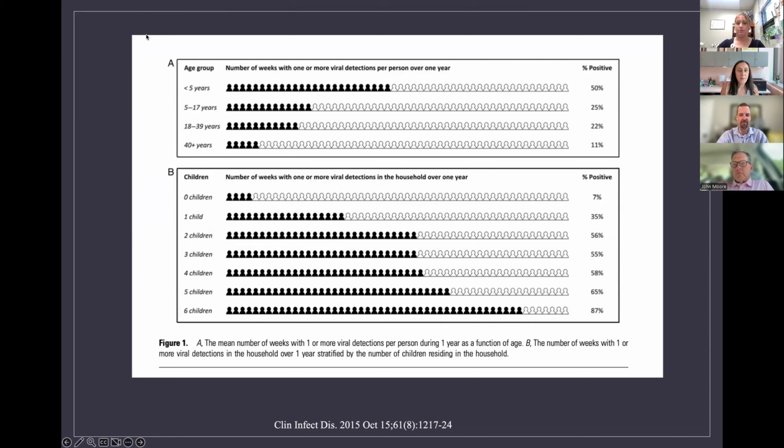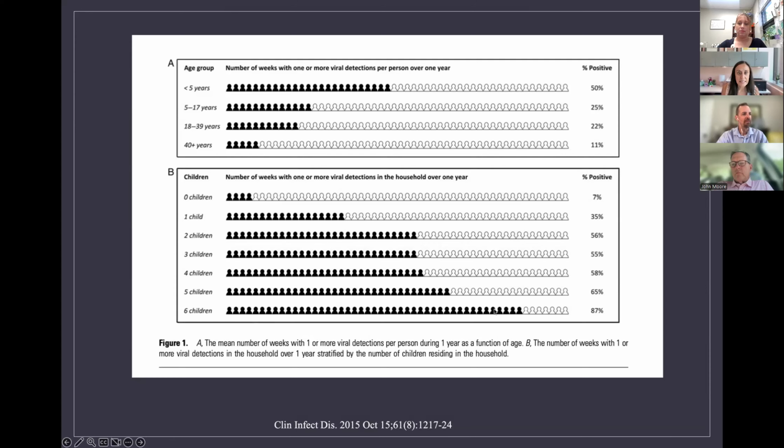If you are under 5, period, 50% of the time you have a virus in your nose, right? So young children are sick all the time. And it goes up even exponentially depending on how big your household is. And what I remind people is that daycare becomes your household.